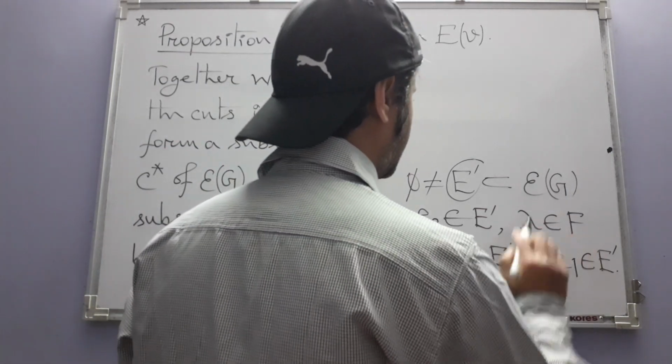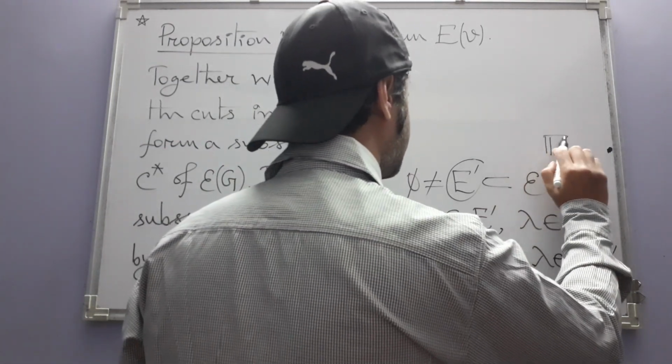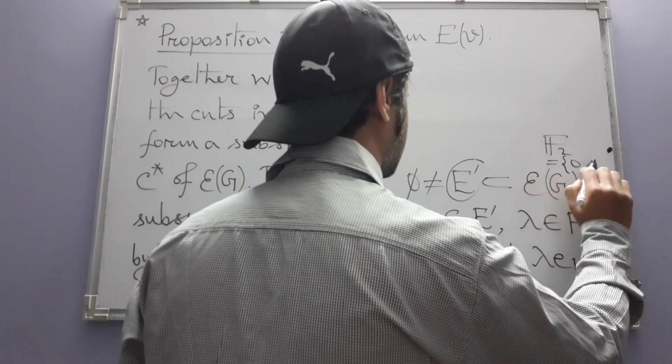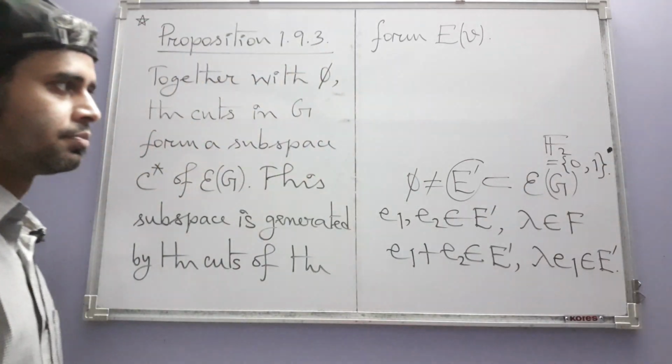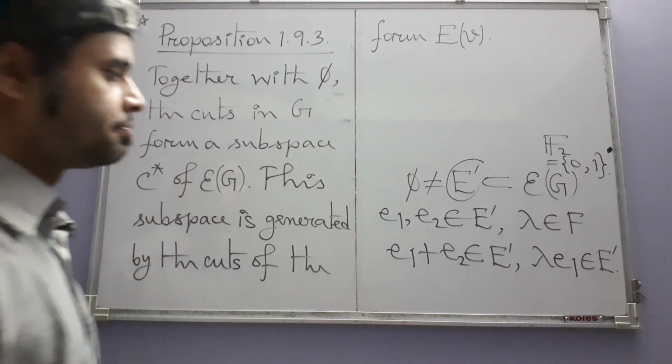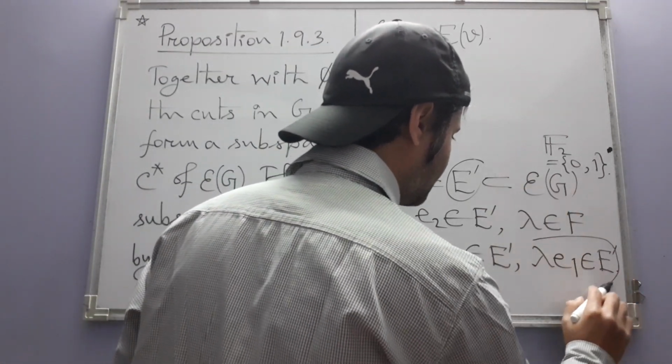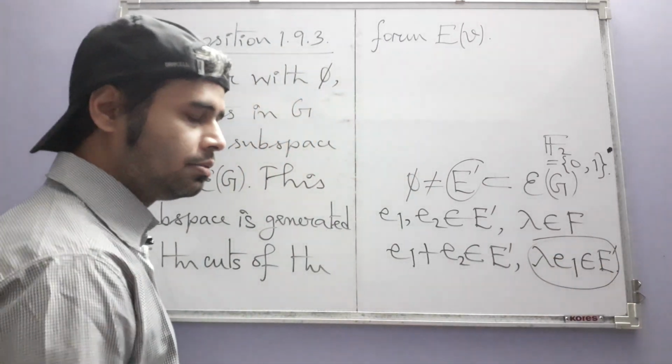Now we know that our underlying field of scalars is the two element field. Because of this, we need not even bother about this part. Why?